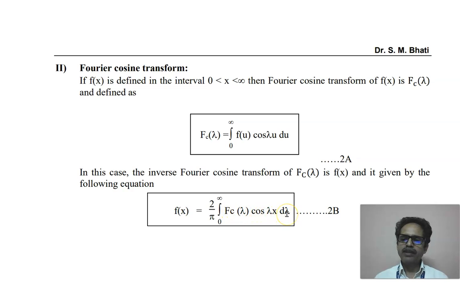Here d lambda means lambda is a variable of integration, so x will be constant here, and you can see that here limit of lambda is 0 to infinity, and when you carry out actual integration you will get a function of x alone, and this can be justified from the left hand side where we have a function of x alone. In short, if the function f of x is given, then Fourier cosine transform is given by the equation for Fc lambda, and if Fc lambda is known, then we can use this equation to find the value of small f of x.